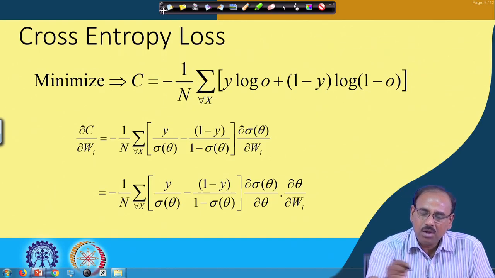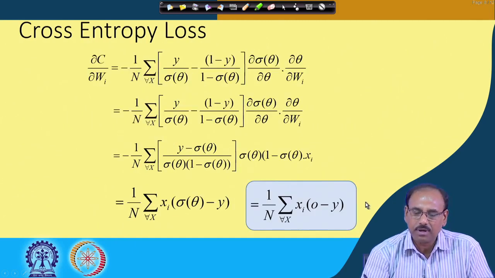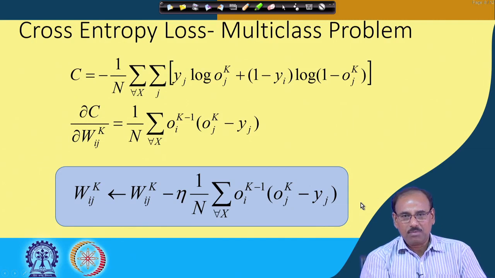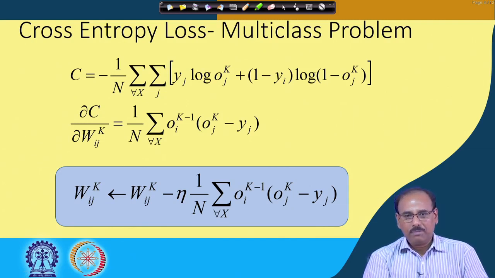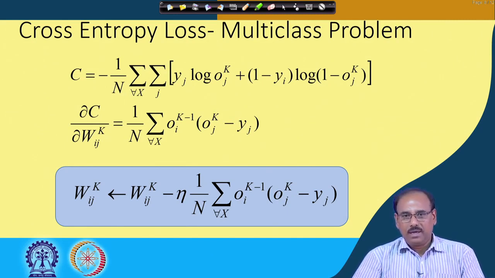Right. So, what we have done is, in case of a two class problem or binary classifier, how do we extend this to a multi-class problem? You remember that in a multi-class problem, I have at the output layer say C number of nodes, where C is the number of categories or the number of classes.